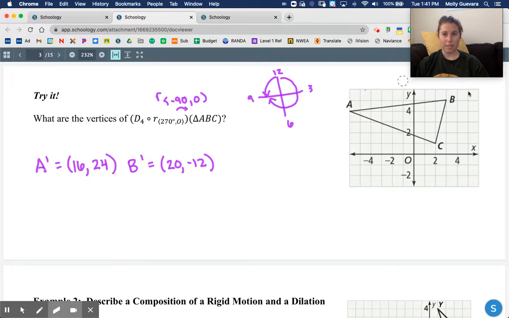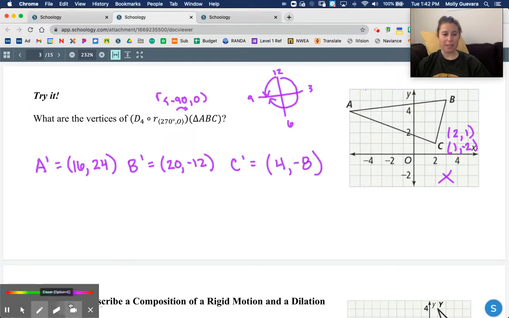Hopefully this is making sense how we're doing this. Last one is C. This is the point 2, comma 1. To rotate it negative 90 degrees, right? I switch the X and Y, so 1, comma 2. And that puts it down here in quadrant 4. Quadrant 4, the y coordinate is negative, so it'll be 1, negative 2. And then I multiply everything by 4. So 1 times 4 is 4. Negative 2 times 4 is negative 8.